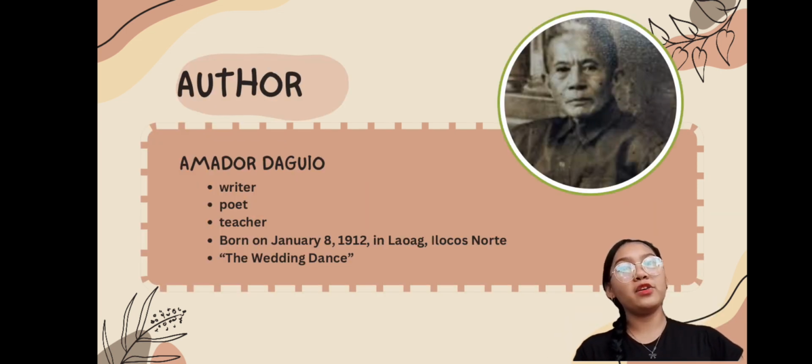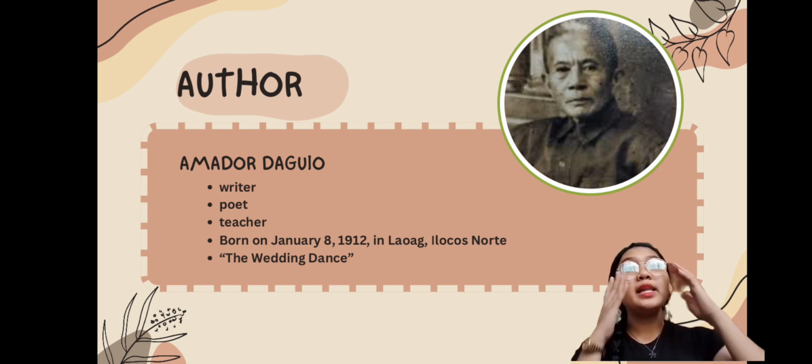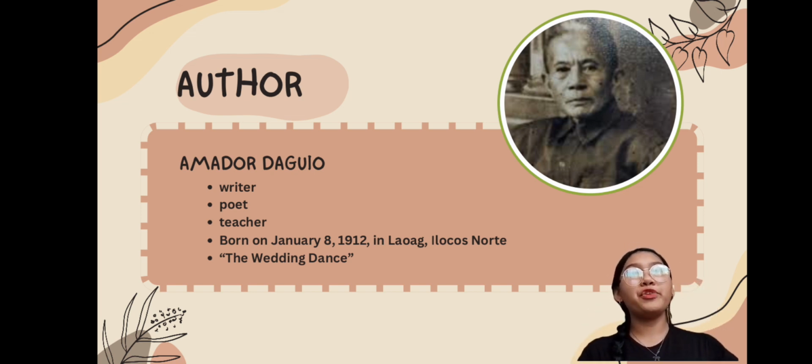So, Amador Daggio is a writer, a poet, a teacher, who was born on January 8, 1912 in Laoag, Ilocos Norte. And his famous work is The Wedding Dance. He is best known for his significant contributions to Philippine literature, particularly his short stories and poetry.